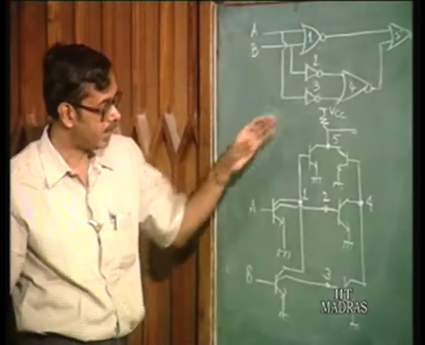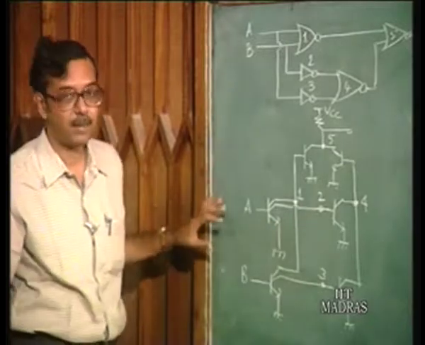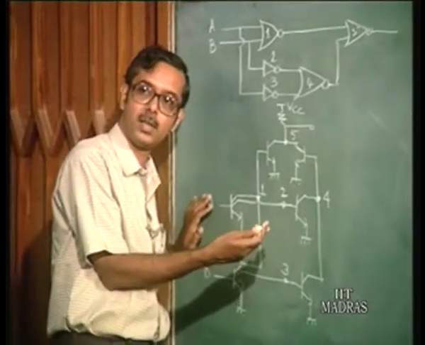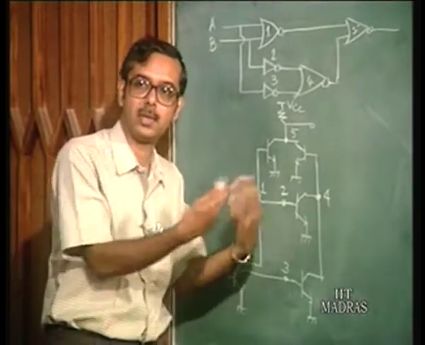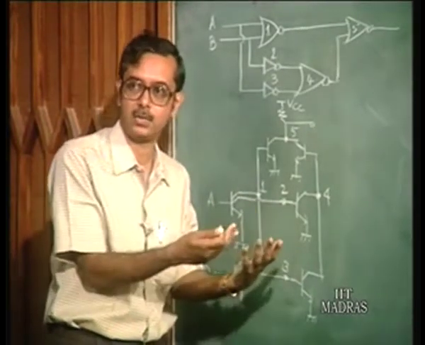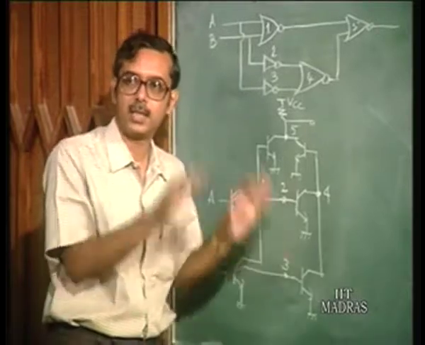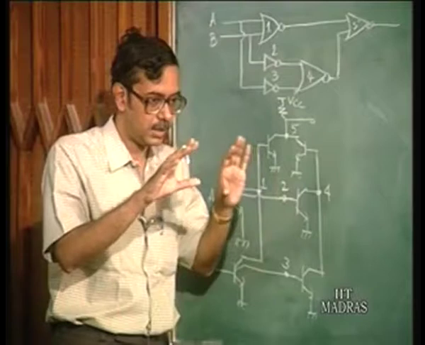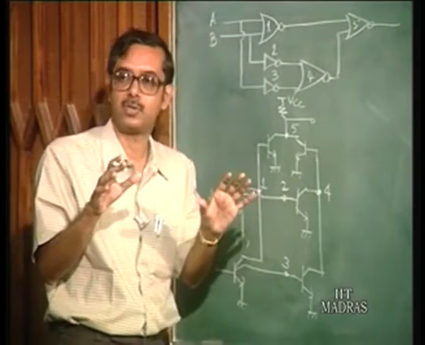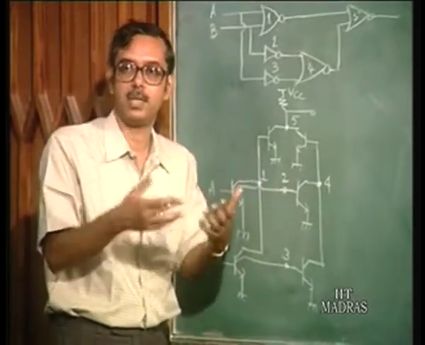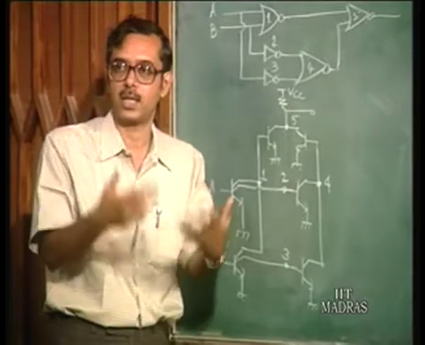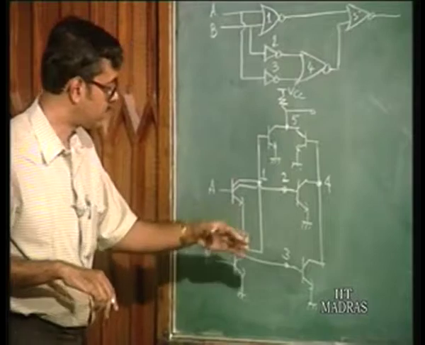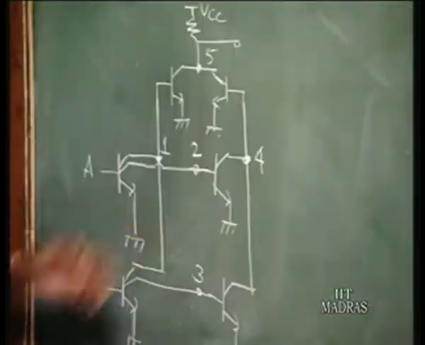Now, if you want to fabricate this, what you require is a mask layout. Once you have the mask layout, it can be fabricated, because the mask layout gives you the different regions where you want to diffuse differently, that is P diffusion, N diffusion, base diffusion or collector diffusion, the metal contacts, etc. So how do you go to the mask layout?